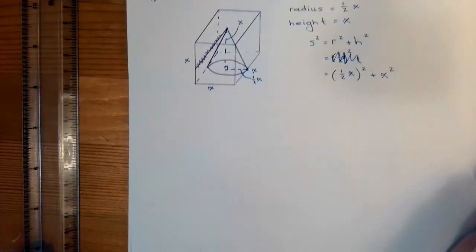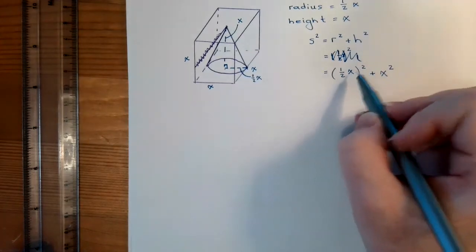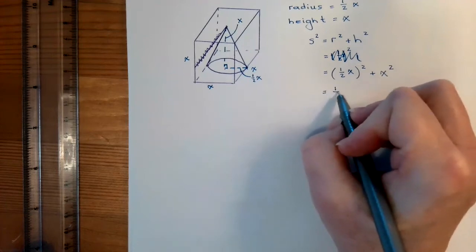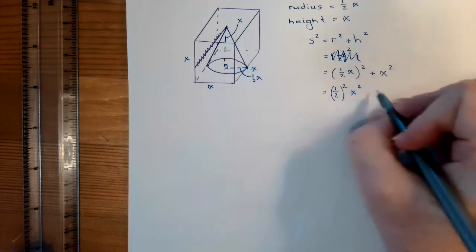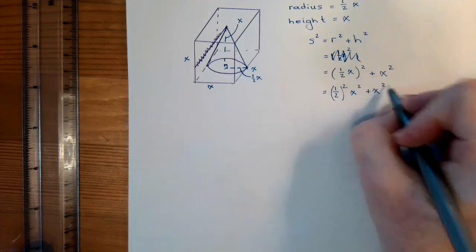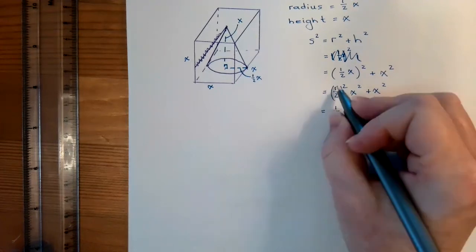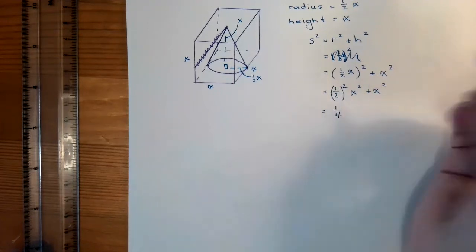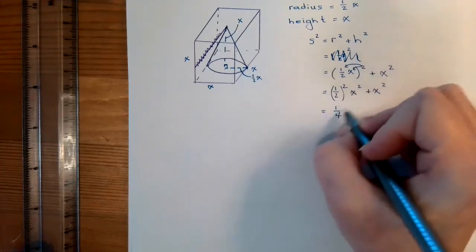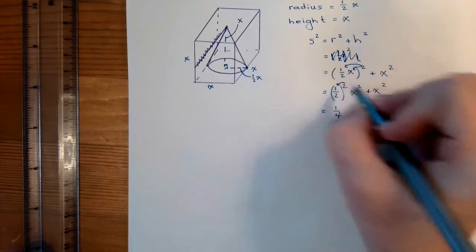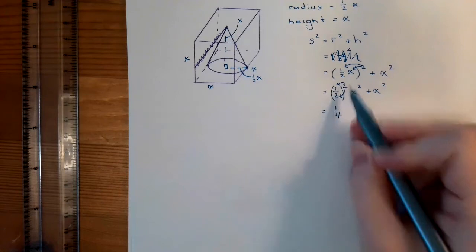Remember back to our first unit, when you have a squared outside of the bracket, it goes with the half and it goes with the x. So I have a half squared times x squared plus x squared. That half squared is a quarter, because 1 squared is 1 and 2 squared is 4.